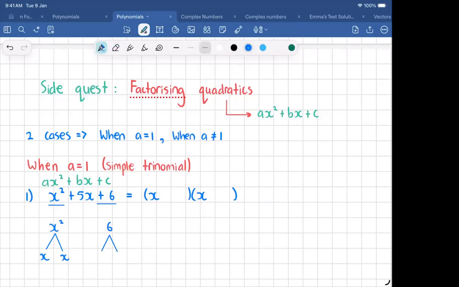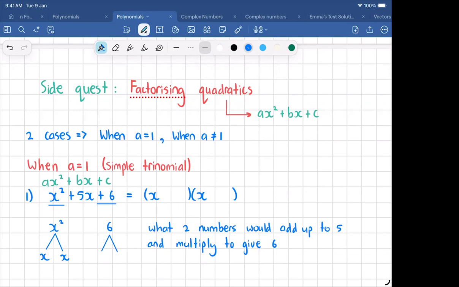What two numbers would add up to 5 and multiply to give 6? So that's the question for you, Avinash. What two numbers can I multiply to get 6, but when I add them up, I get 5?